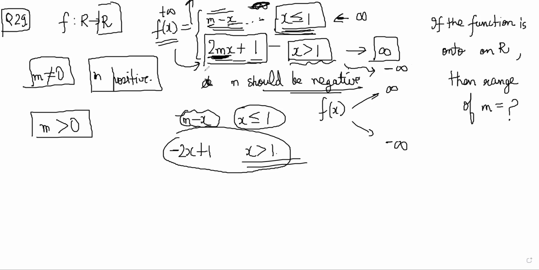If m is -2, there doesn't seem any reason. f(x) is equal to m minus x for x less than or equal to 1, and 2mx plus 1 for x greater than 1.